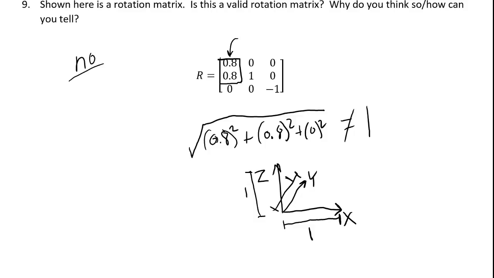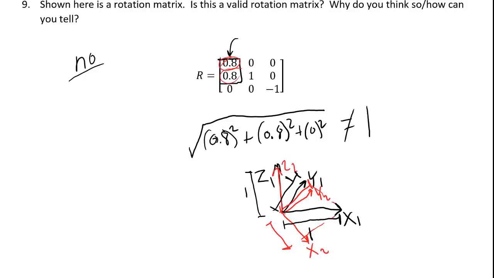Let's call these frame 1. Suppose I have another frame where the z-axis is in the same direction, but the x2 is that way and the y2 is this way. If we project x1 onto these two axes and take these distances, these are the distances that would show up as the numbers in this rotation matrix.